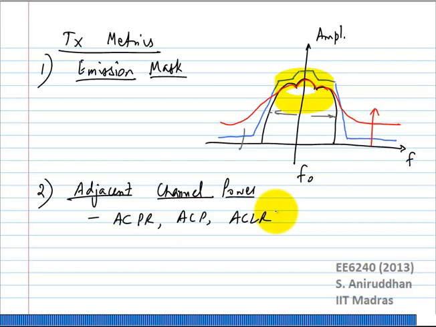All of these will be specified as integrated power numbers. Remember, because the modulated signal is not a sinusoid, you have an integrated power. Or sometimes what is called output radio frequency spectrum.